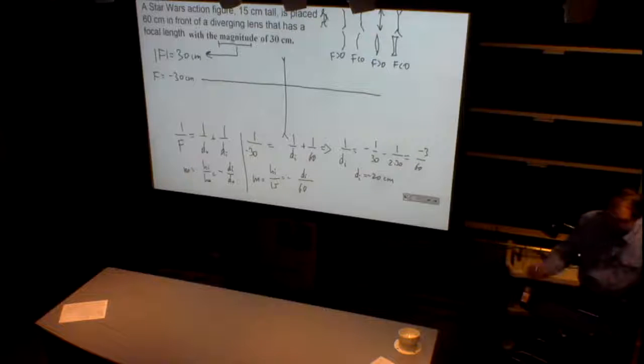Now, where is the image? So these are rules which we can remember, but of course a good diagram would show it, and we will draw a diagram.